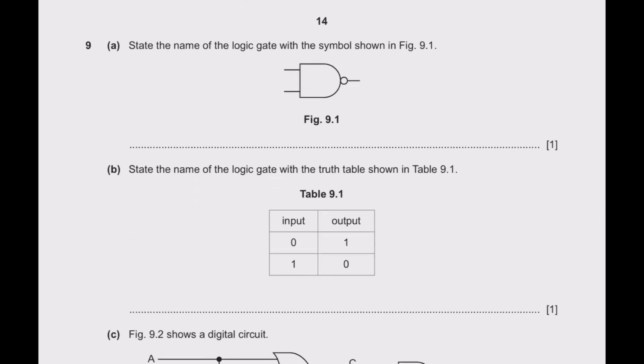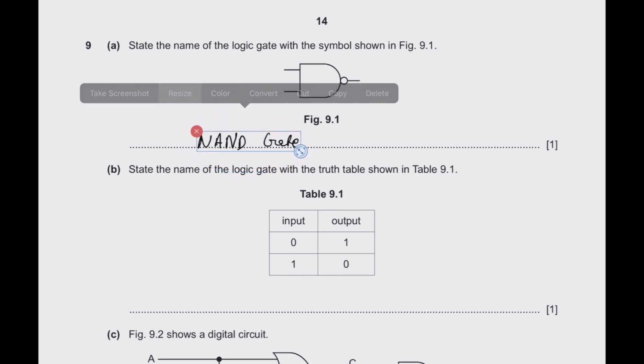Now the next question, question number 9. Name this logic gate. This is OR and that is the NOT, and that is the AND with the NOT. So this is an AND gate. Okay, let us do it with the blue color.